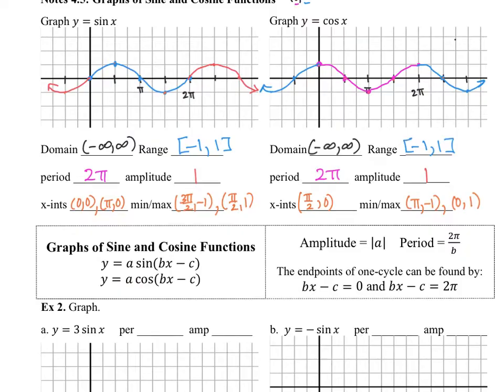The period of the graph is not always 2 pi. If there's a number in front of the x, then your period will be 2 pi divided by b. Sometimes it is useful to find the endpoints of a cycle, and that can be found by setting these parentheses equal to 0 and to 2 pi. This indicates a period shift, and it also shows a horizontal translation.